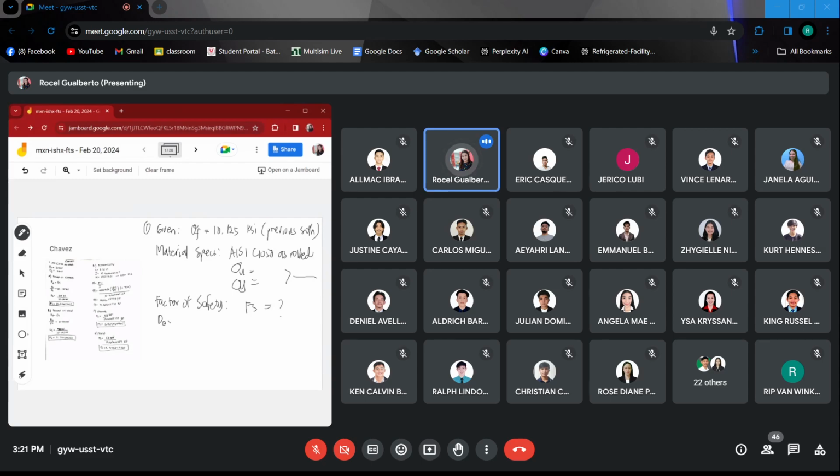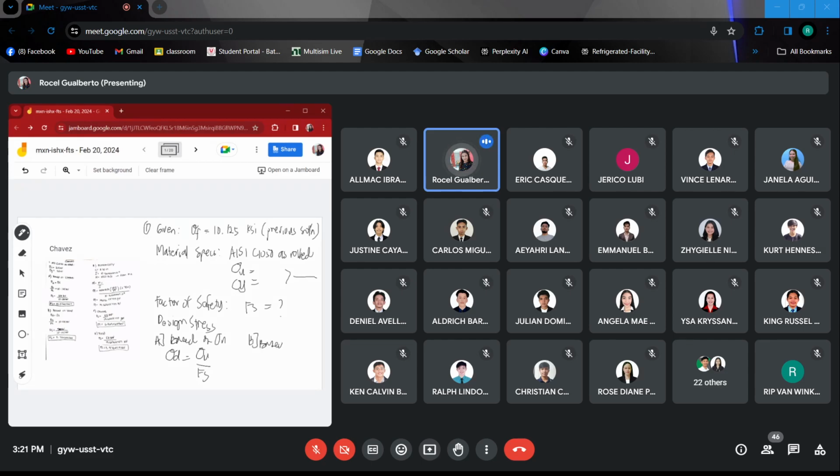And then we come up with the design stress. Okay, so for letter A, base design on ultimate, we say sigma D is equal to sigma U divided by factor of safety. Okay? So, ang pwede lang po naman natin mapalitan dyan is the value of sigma U. Okay?